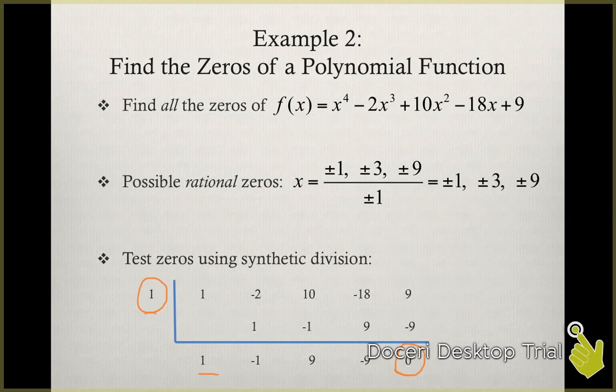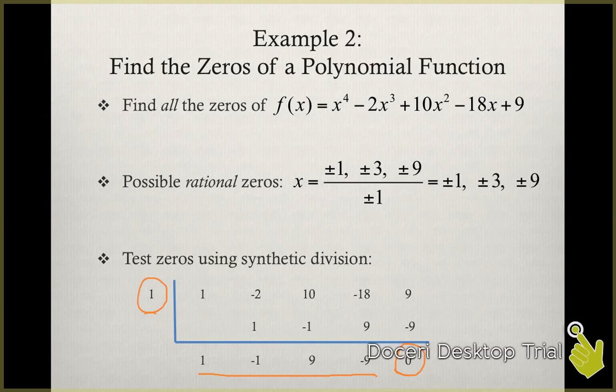And it tells us that we have this reduced polynomial with coefficients 1, -1, 9, and -9. That means that our reduced polynomial has a degree of 3 because we started with a degree of 4 divided by a linear, so that decreases the degree by 1, and we now have a cubic as our reduced polynomial.